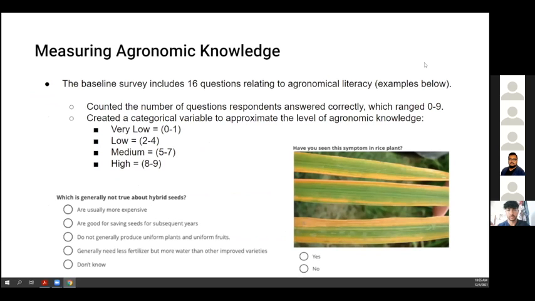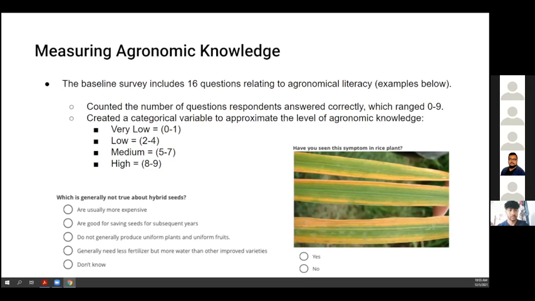This is a little more detail about one of our main variables, agronomical knowledge. First, we ask the survey respondents 16 questions relating to agronomical literacy. For example, at the bottom, we can see, which is generally not true about hybrid seeds, or they will be shown symptoms in different plants and asked whether they know about the symptom and how to deal with it.